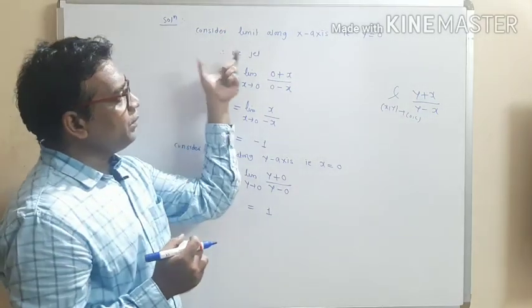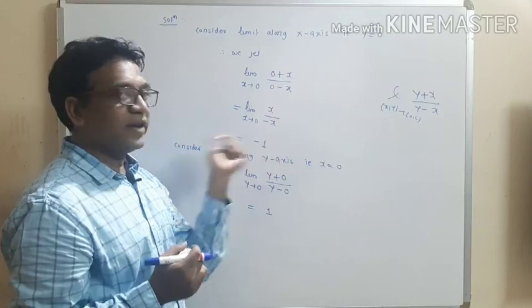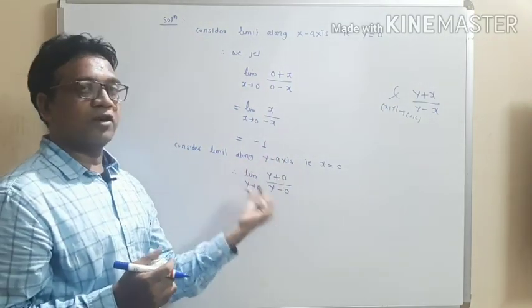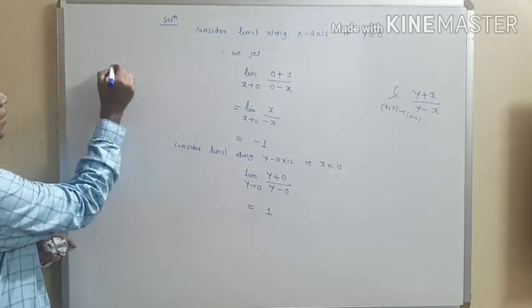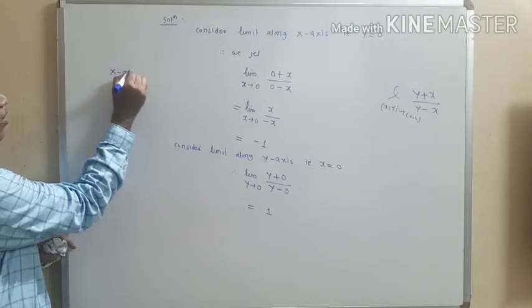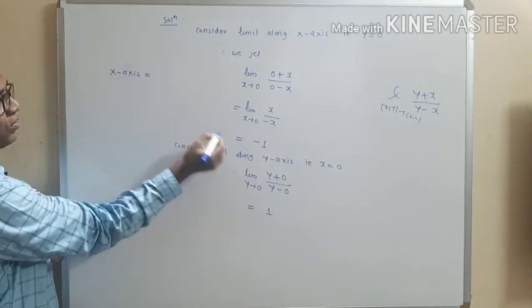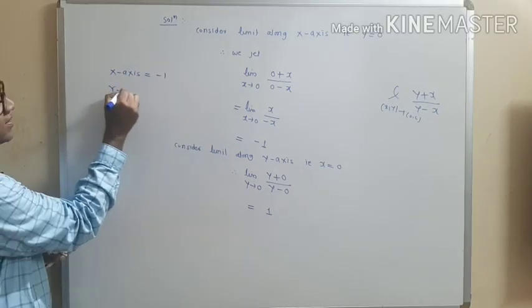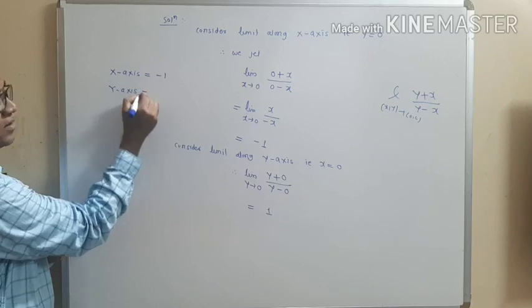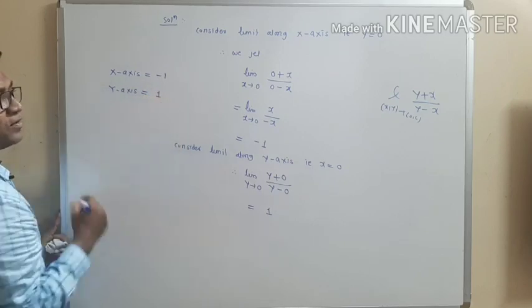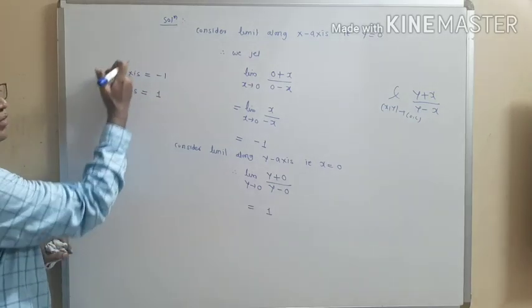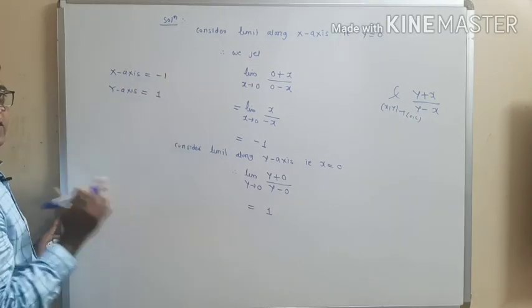We have found the limit along the x-axis is -1, and the limit along the second path, the y-axis, is 1. So we can say that the limits are different along two different paths. It is called limit does not exist.